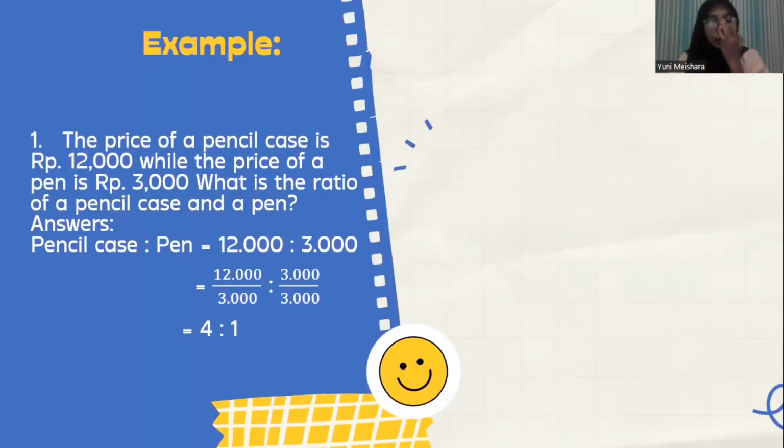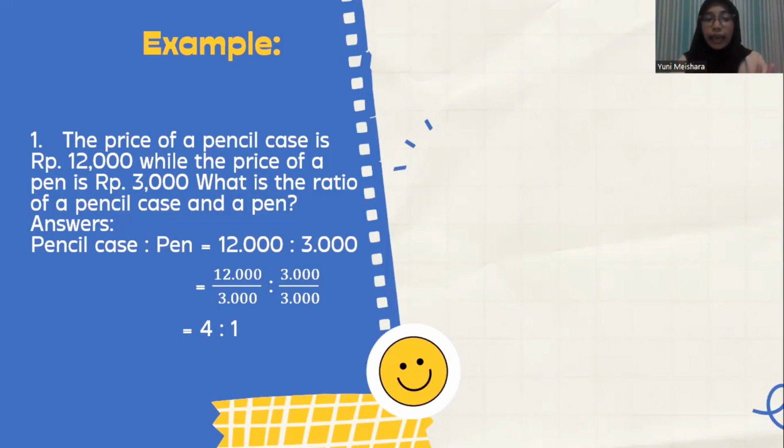Example number 1. The price of a pencil case is 12,000 rupiah, while the price of a pen is 3,000 rupiah. What is the ratio of a pencil case and a pen? Answer. To find a proportion on the matter, we might write it down.